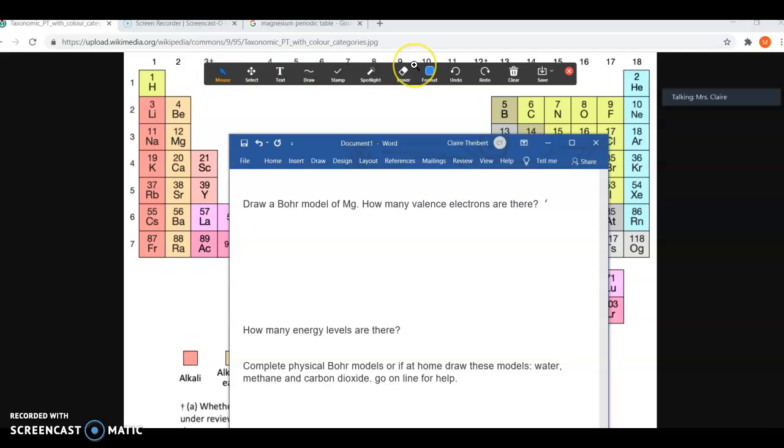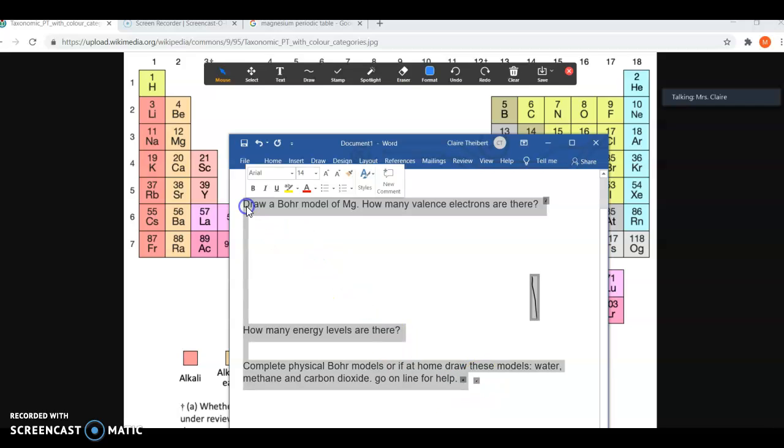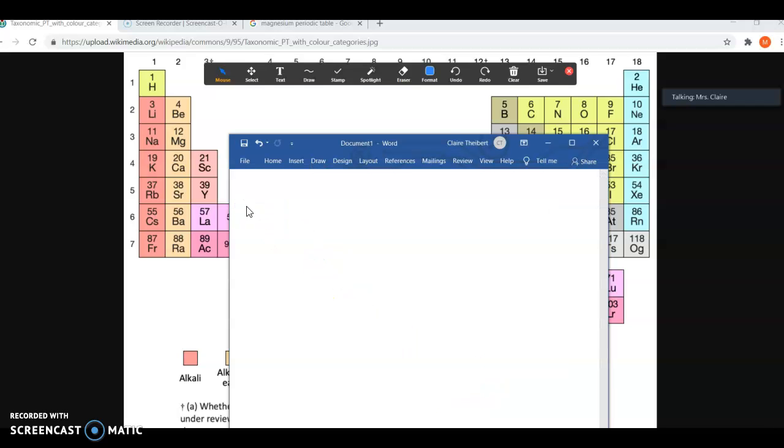And then oxygen over here is 8, so it has an atomic number of 8, which is going to help us. Okay. I'm just going to erase all this stuff and we can do this on this screen.